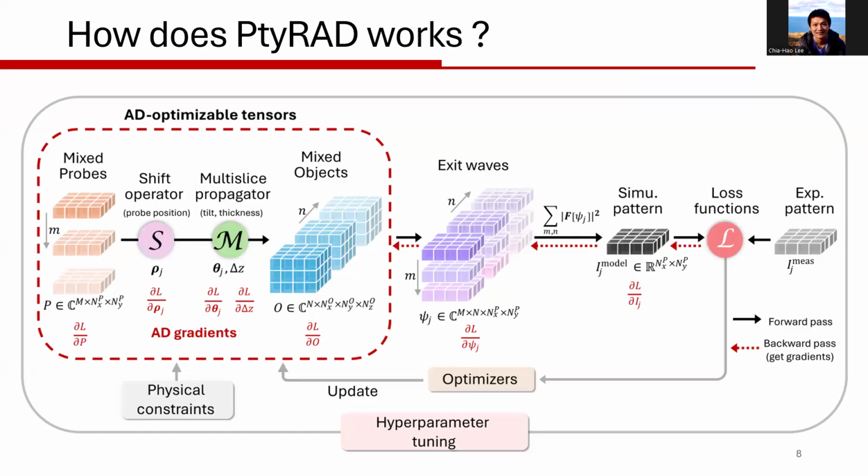So you can see that PtyRAD is a very streamlined package that encapsulates all these features nicely together. That's pretty much how this works at a high level, and we'll definitely be making more videos about the details, like how AD works, what the constraints are, and how you should choose optimizers and things like that.